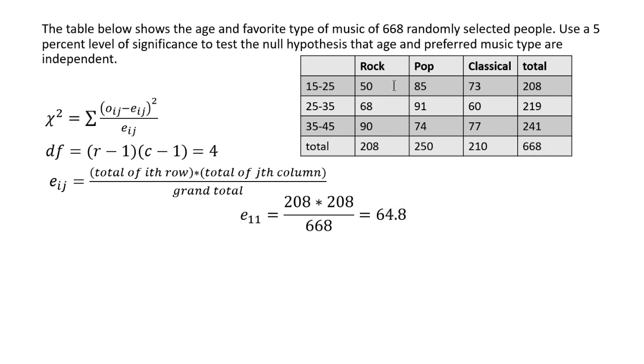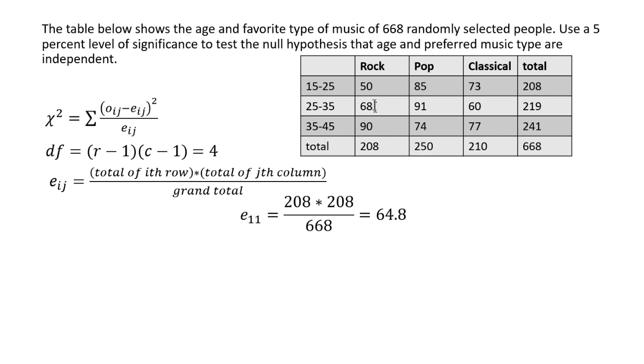That's like the expected. And what this really does is, if the actual data were not given and only these totals were given, and you just assume that it's perfectly independent, then this much would be computed like the following. You calculate what 208 out of 668 is, and again multiply that by 208 out of 668.